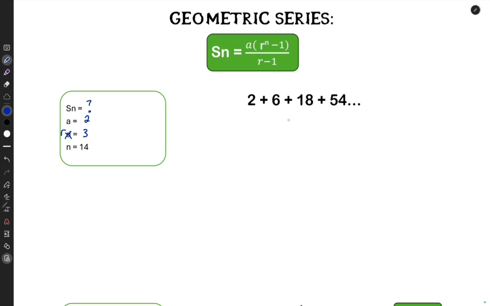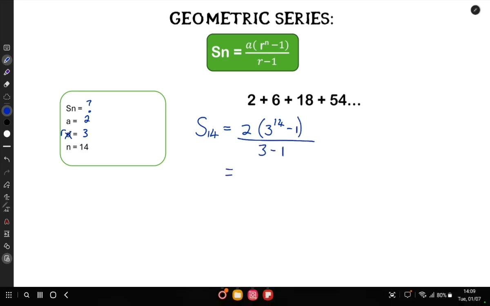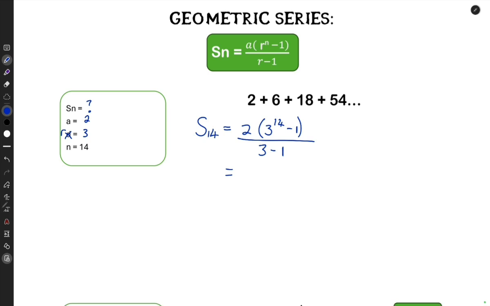Now I can just sub into the formula and get the sum of the first 14 terms. So S14 is equal to 2 times (3 to the power of 14 minus 1) over (3 minus 1). And like I said in the previous videos, you are in grade 12, you do not have to show any calculations between the steps, you can just write the answer.